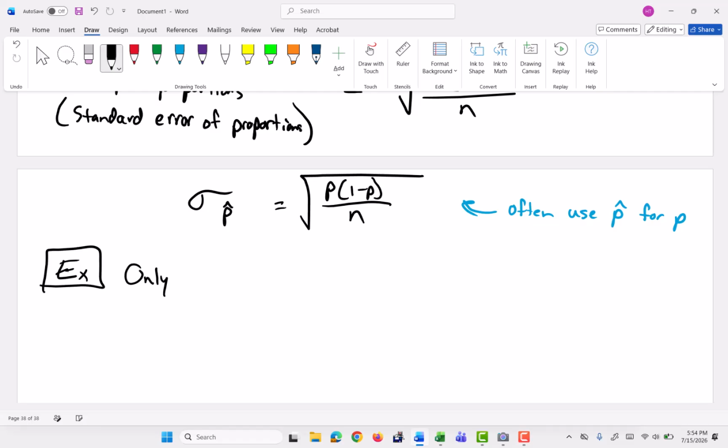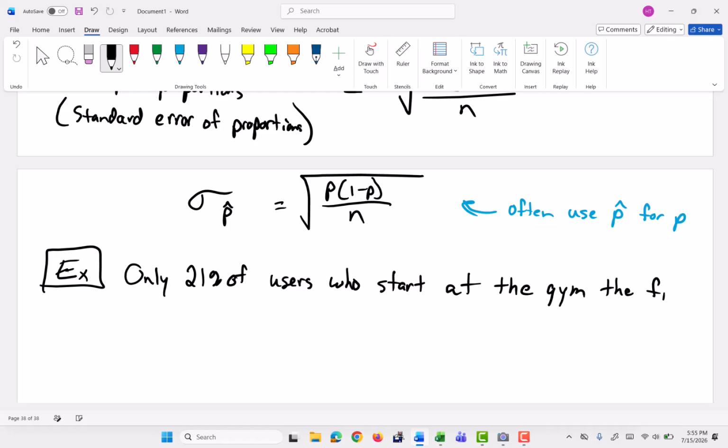Let's say only 21% of users who start, we'll keep with the workout theme here, at the gym the first week of January.